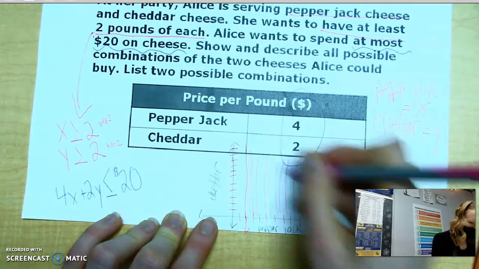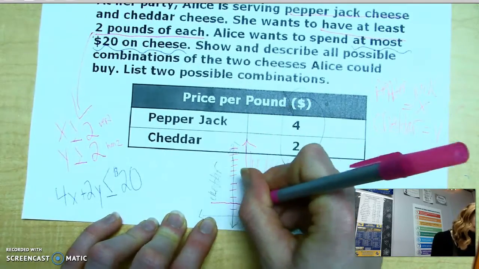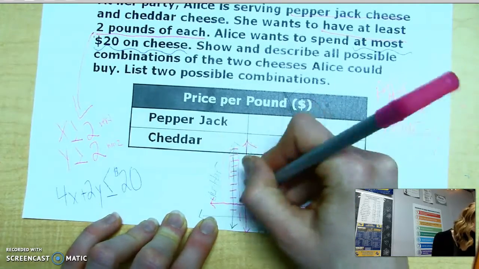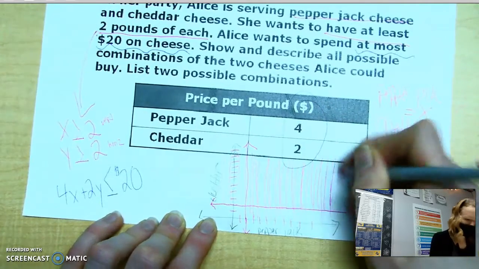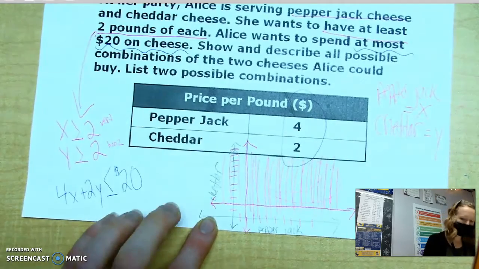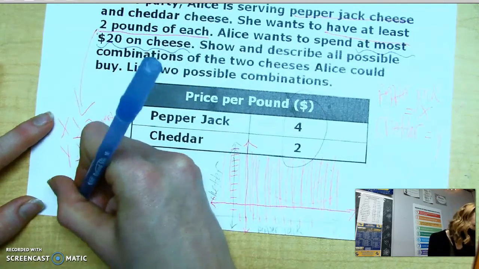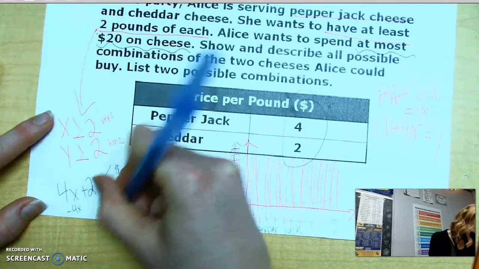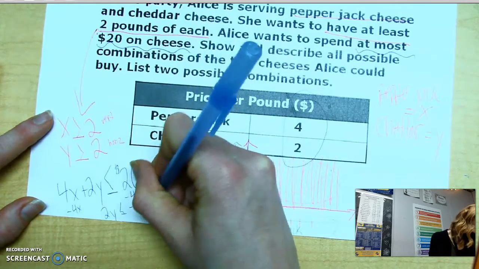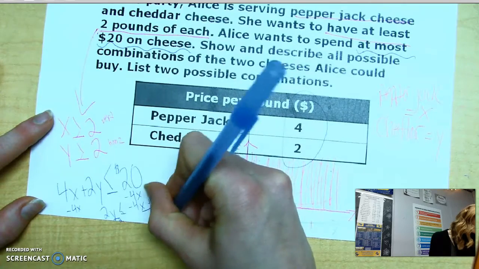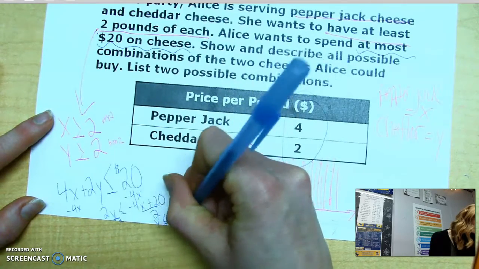And then we have Y is greater than or equal to 2. So I have a horizontal line that I'm also shading above. So right now we have a double overlapping shaded region, right? But we still have to graph our blue line, and to do that we need to solve for Y. When I divide by 2, I'm going to get Y is less than or equal to negative 2x plus 10.